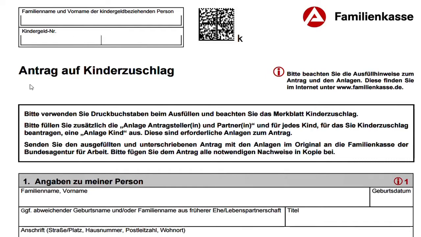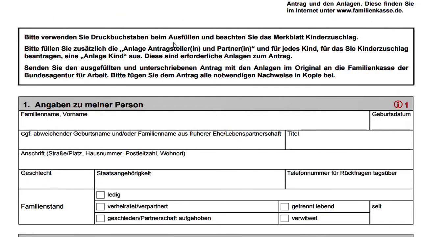Here, Antrag auf Kinderzuschlag means application for child allowance. Here it says, please use block letters when filling out the form and note the information sheet on child allowance. It is worth mentioning that the Merkblatt or information sheet will be given to you or sent to you via Familienkasse with this application form.